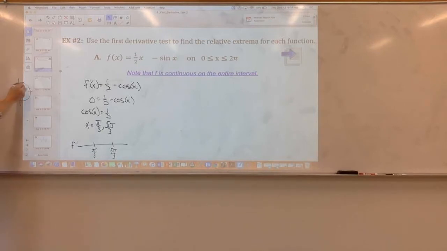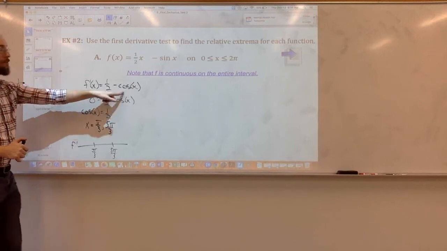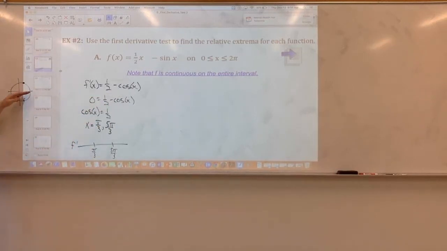So if I'm plugging in a value in between, well, first, here and here, it's cosine, so my derivative is 1/2 minus cosine. Is cosine going to be greater than or less than 1/2 here? Cosine's the x value.